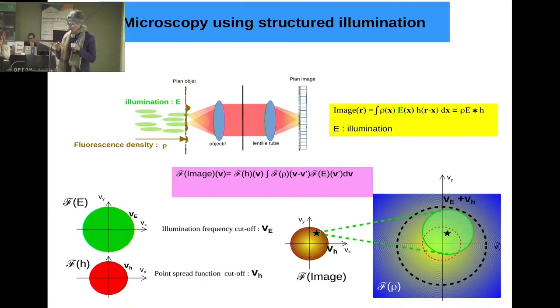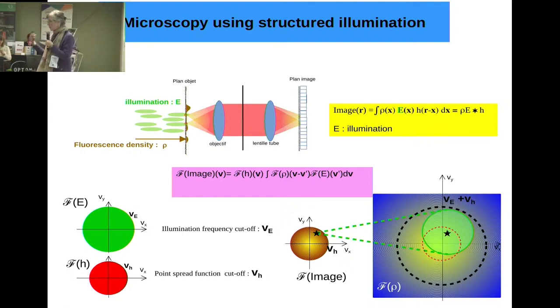The big issue of structured illumination is how can you recover from this image the frequency of the sample over this huge domain? Of course, you understand right away that if you have only one image, the information is limited to this small disk. There is no way you can recover the information of the object over this huge disk.